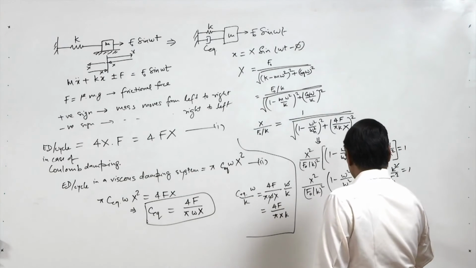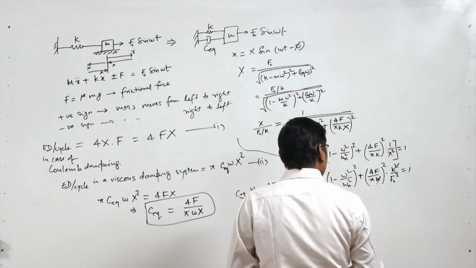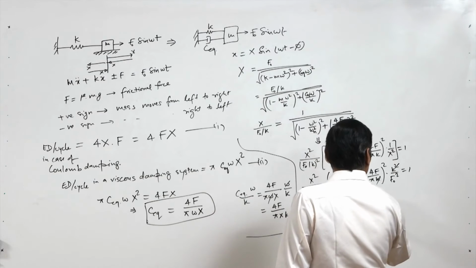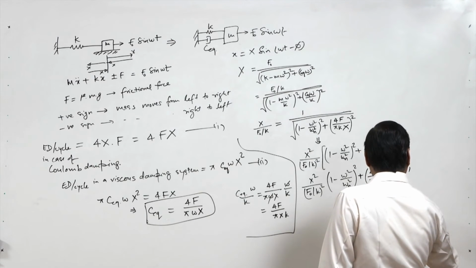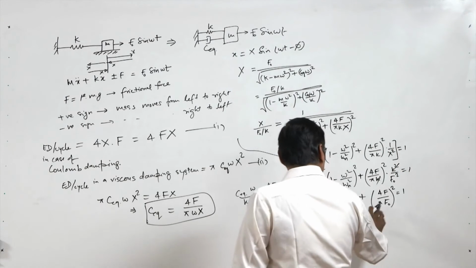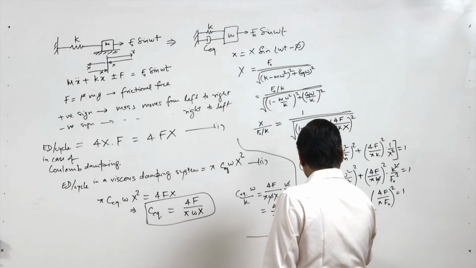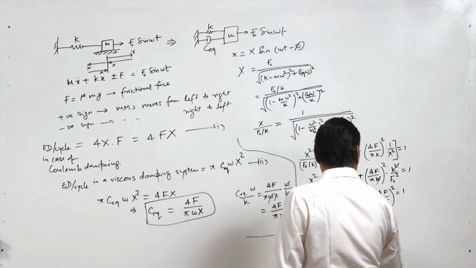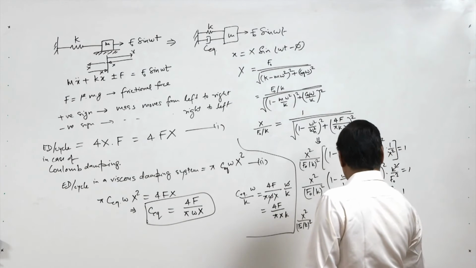So this term will be as such plus (4f by pi f0) whole square equal to 1. Now we take this to the other side, so it is 1 minus (4f by pi f0) square, and that is x square by (f0 by k) square upon (1 minus omega square by omega n square) whole square.